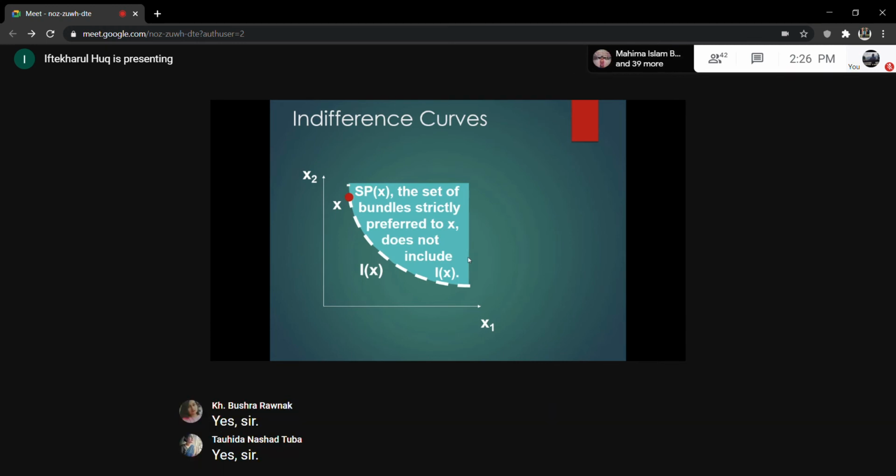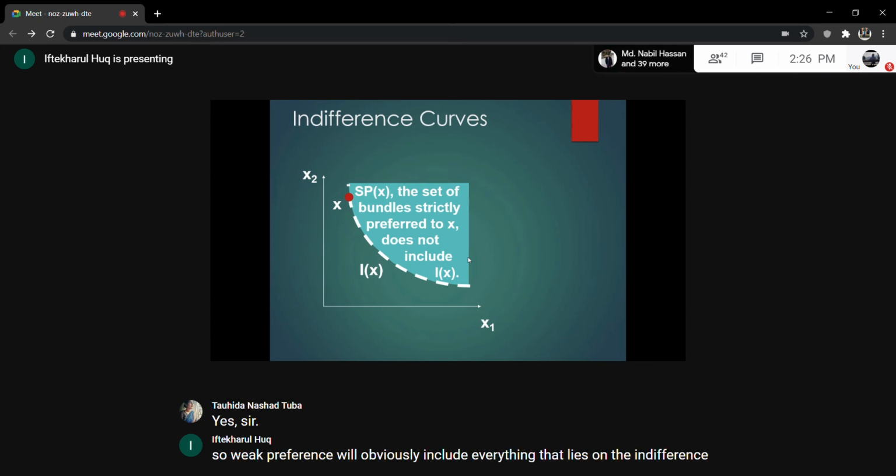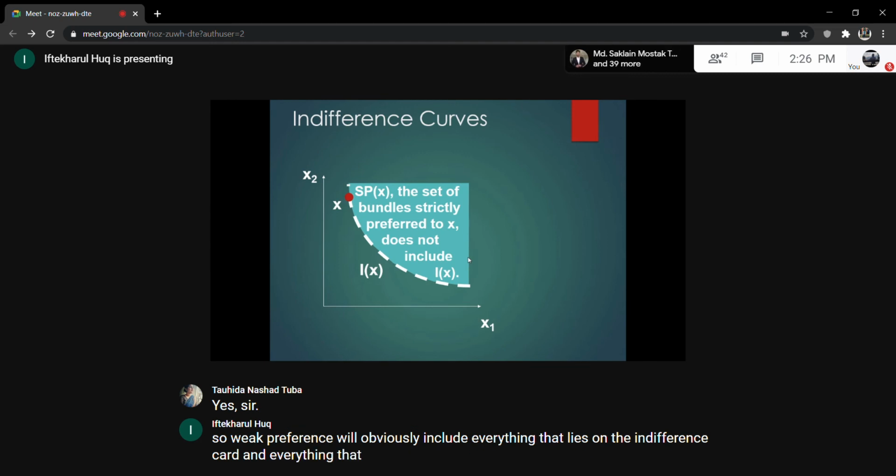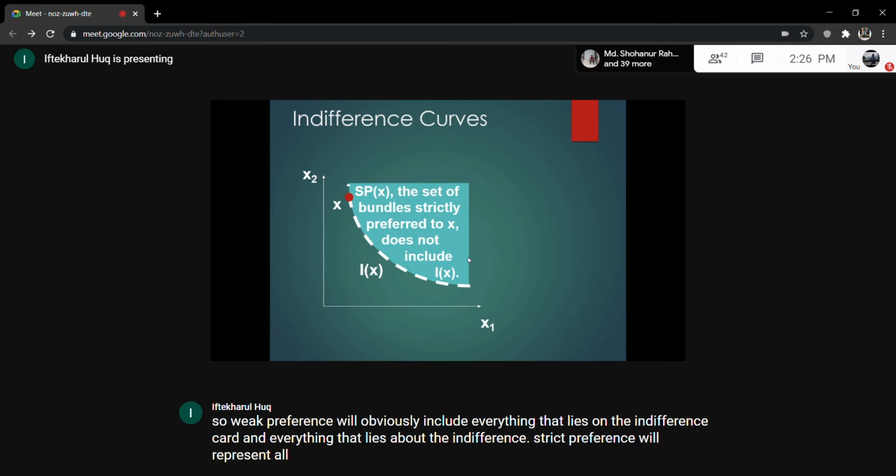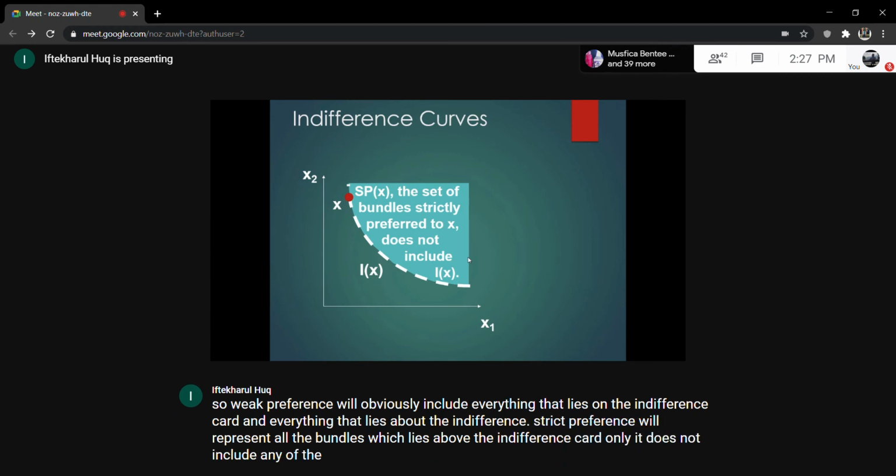So weak preference will obviously include everything that lies on the indifference curve and everything that lies above it. Strict preference will represent all the bundles which lie above the indifference curve only. It does not include any of the bundles which lie on the indifference curve.